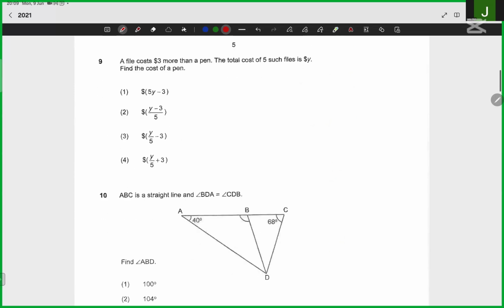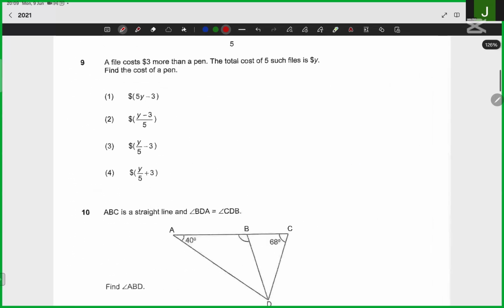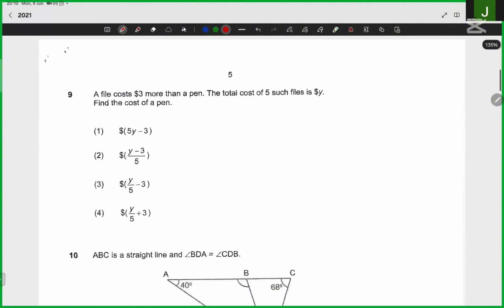Question 9. A file costs $3 more than a pen. The total cost of 5 files is $Y. Find the cost of a pen. So a file costs $3 more than a pen.